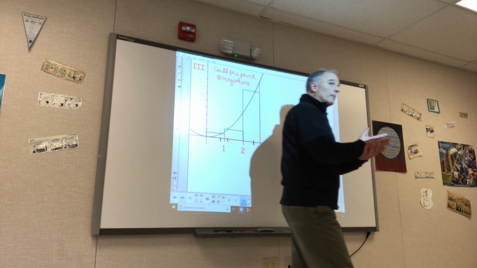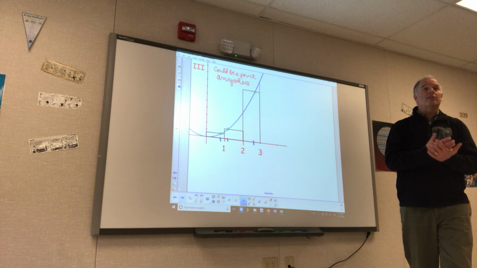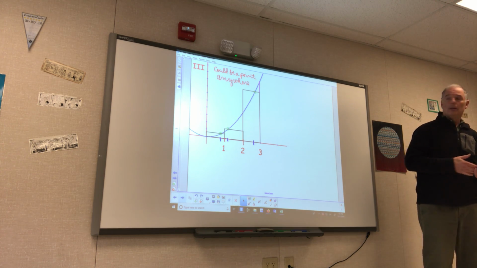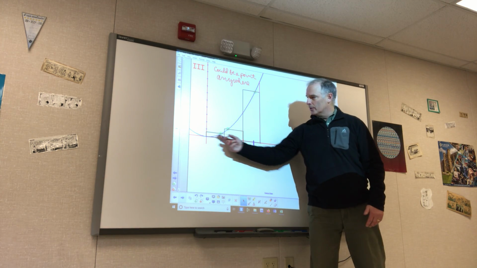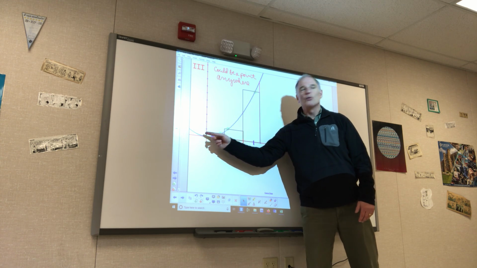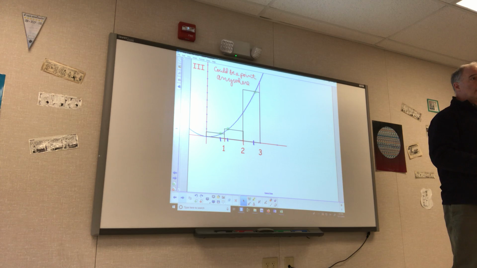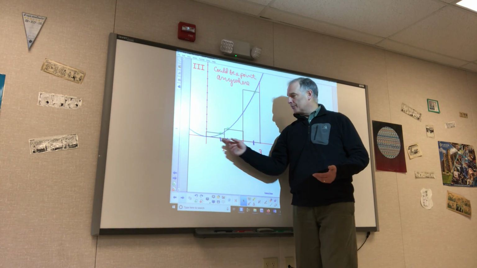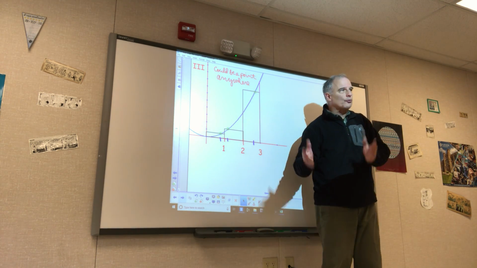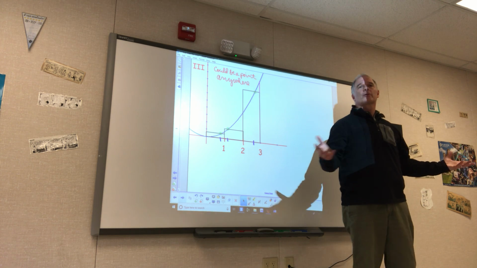There's nothing magical about the midpoint. Any point in the interval could work. What this is simply saying is, from 0 to 1, I could choose any function value I want. Any x value from 0 to 1 will give me as reasonable a wrong answer as any other wrong answer.